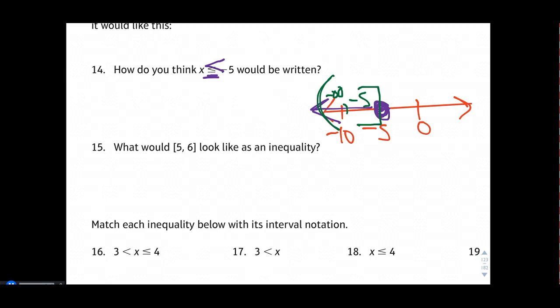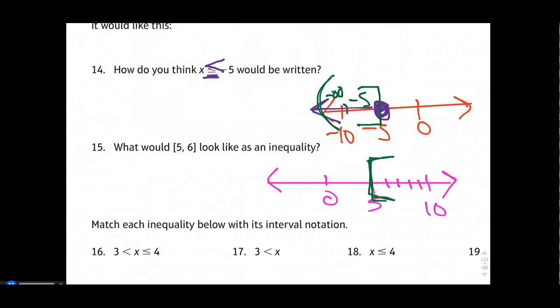Then if I'm going to draw this line right here, I'm going to go 0, 5, 10, and I'm going to put little ones in: 6, 7, 8. And I need a bracket on 5. What does the bracket stand for? The bracket is a straight line equal sign.